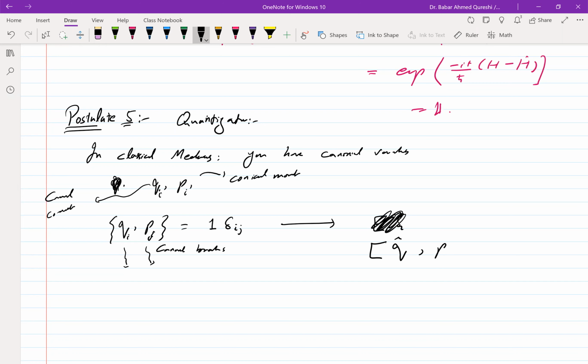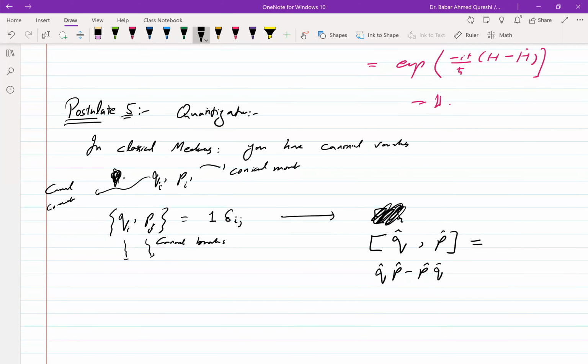You change them to operators acting on your Hilbert space. And you don't need to know what this canonical bracket is, but you change it to the operator bracket, which just means this kind of operation on the operators. And if you have a 1 here, you replace it by i h bar. And that's it.